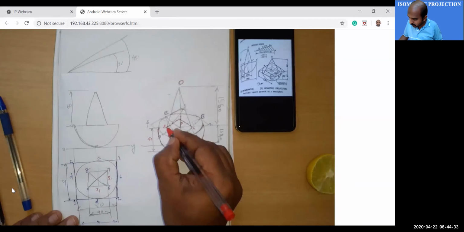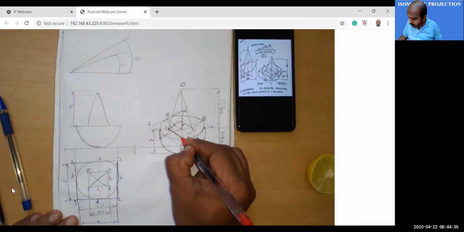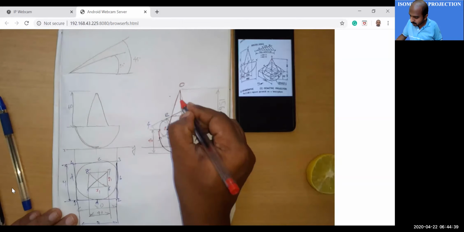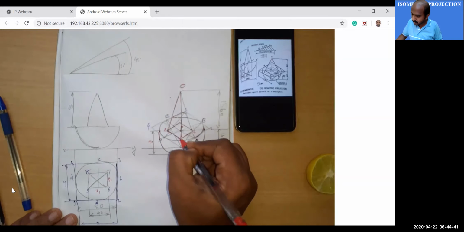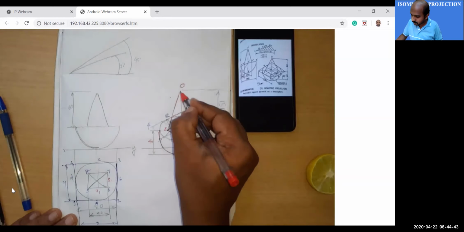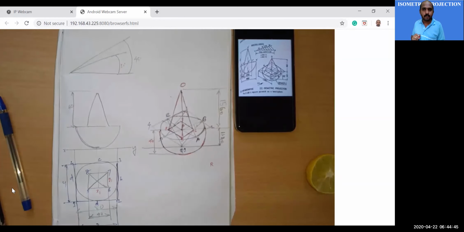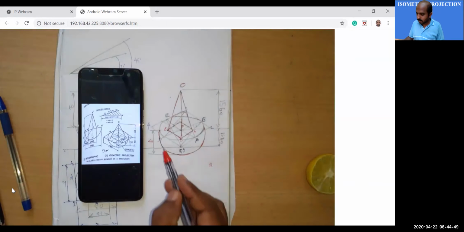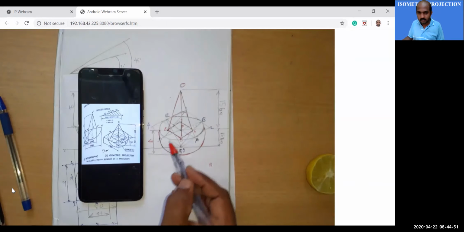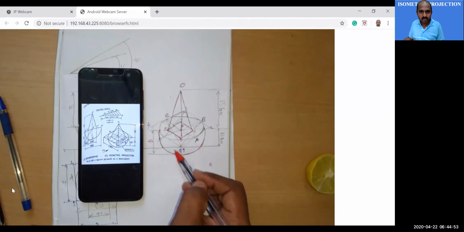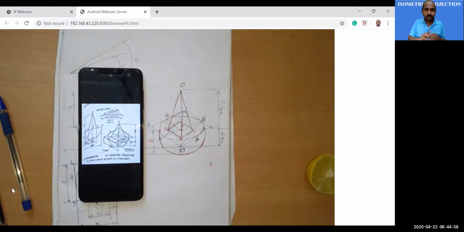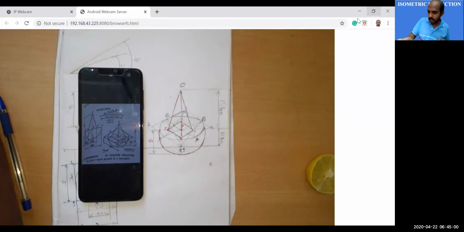So in the final figure, the only thing is that when you are drawing the radius of this one, it must be the original radius.